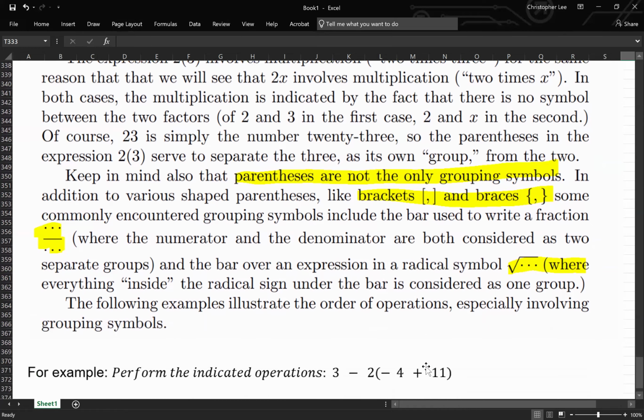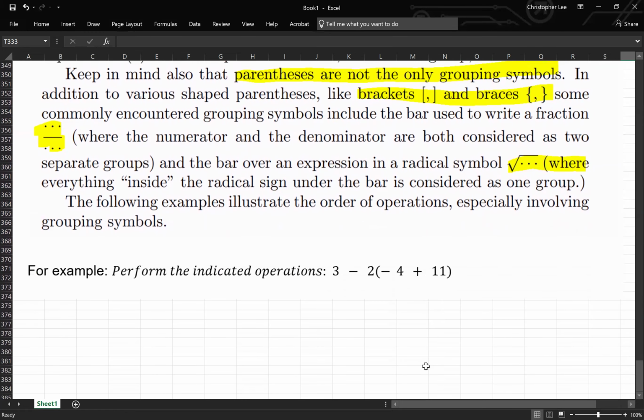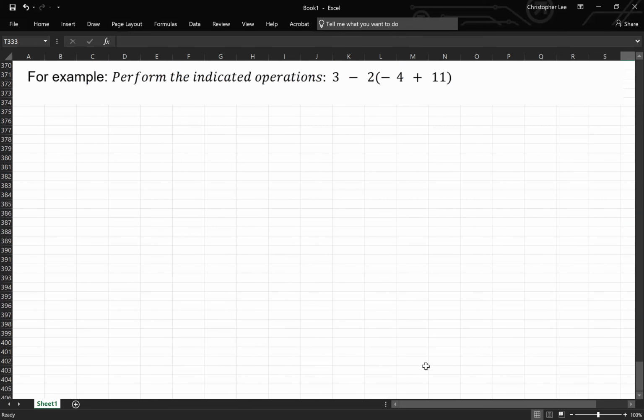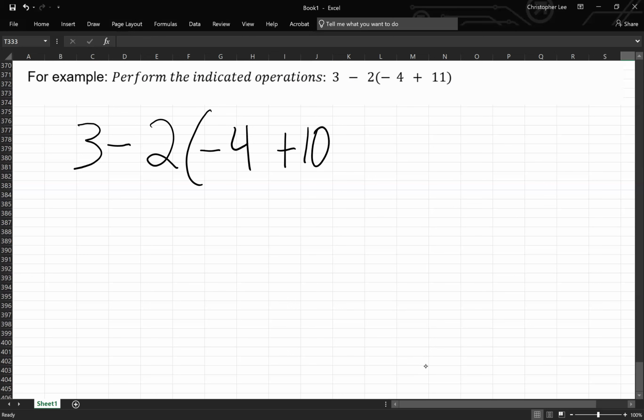The following examples illustrate the order of operations, especially involving grouping symbols. Somebody tell me how to do this. I have 3 minus 2 times the quantity -4 plus 10. How do I do this? Good, -4 plus 10 is 6. Very good.